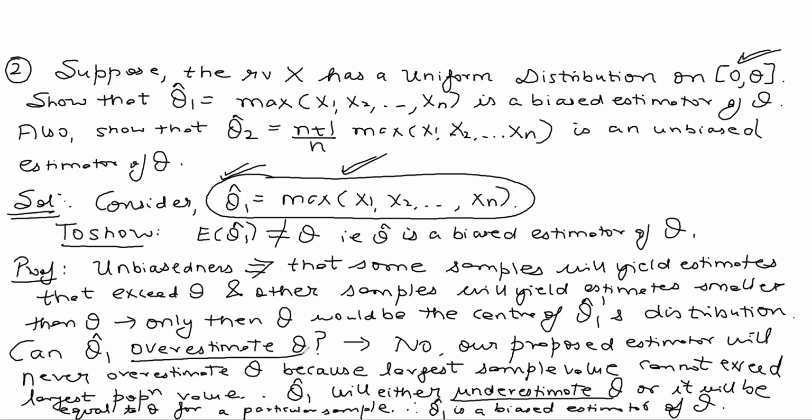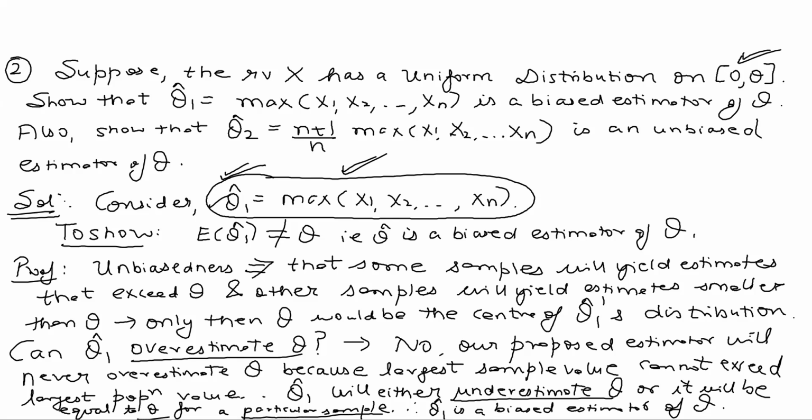That means all we are left with is two possibilities. Either theta 1 hat can underestimate theta, which is perfectly possible because the maximum of the sample values can be less than the maximum of the population value, or theta 1 hat can be equal to theta for one particular sample. But theta 1 hat under no circumstance for this question will overestimate theta.